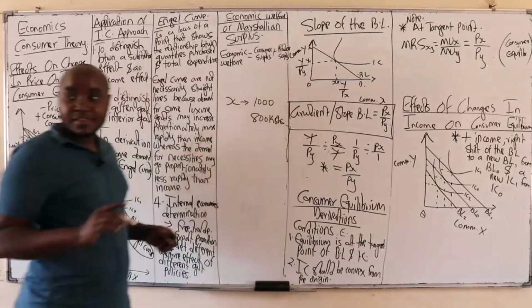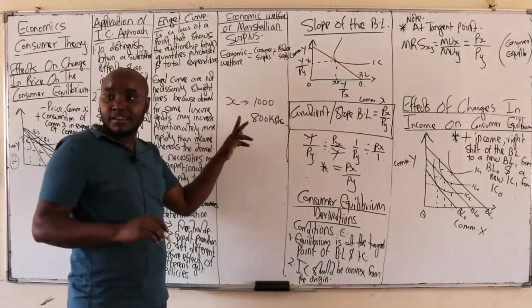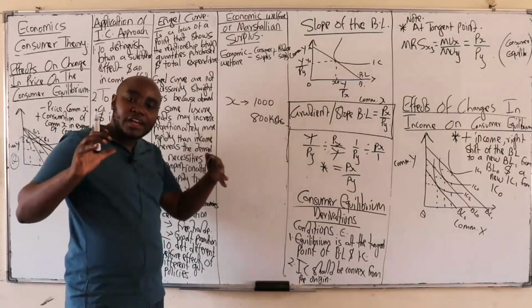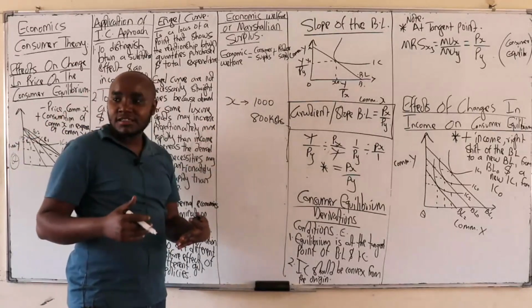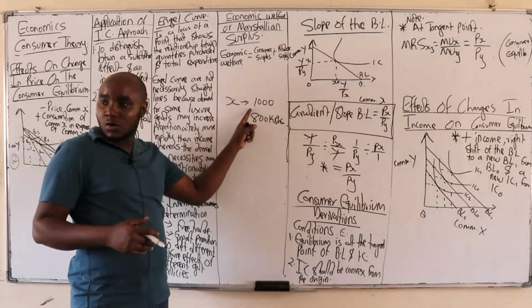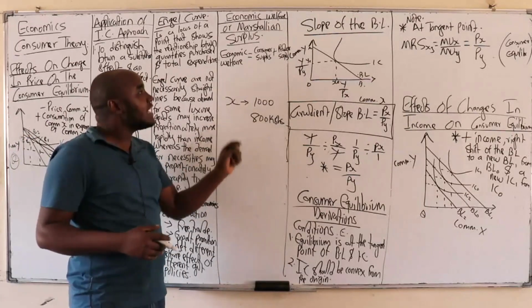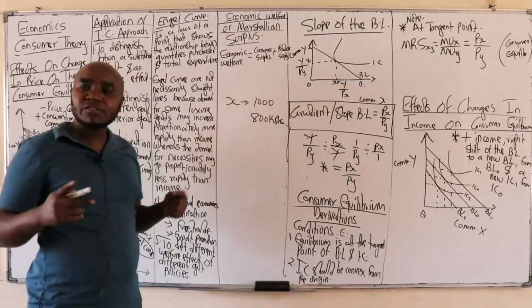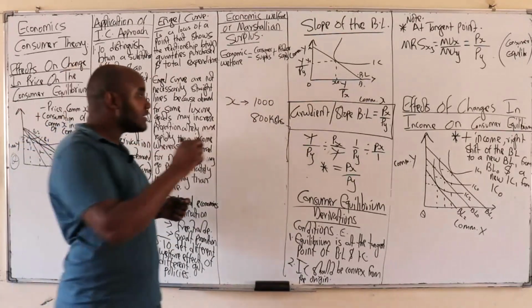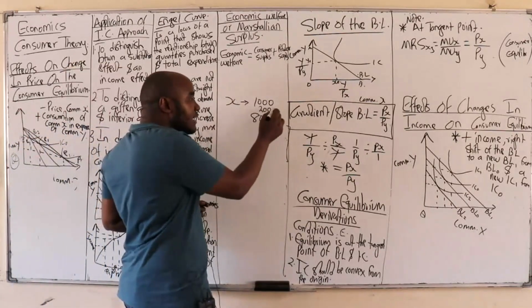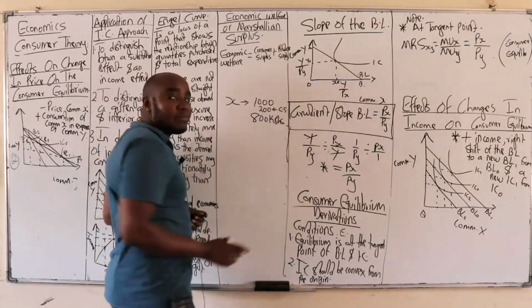The equilibrium price is 800, but you had been determined to pay 1,000. Meaning that as a consumer, you have a surplus of 200. That 200 is the consumer surplus.